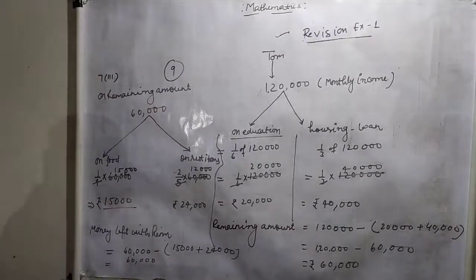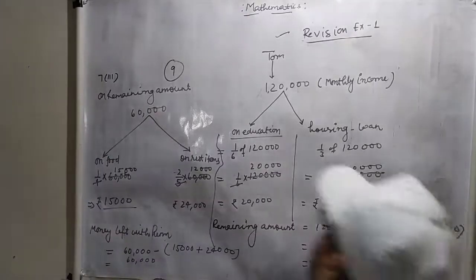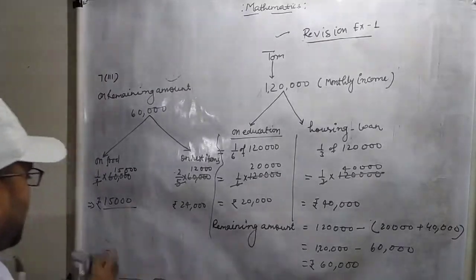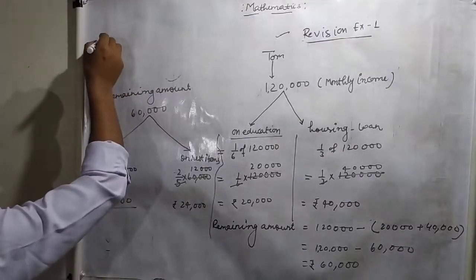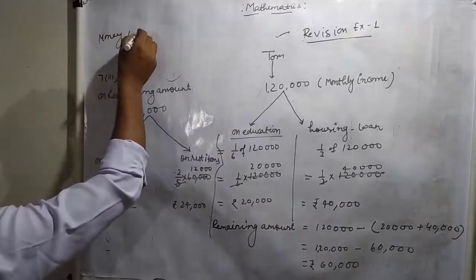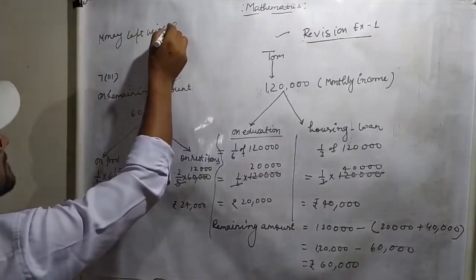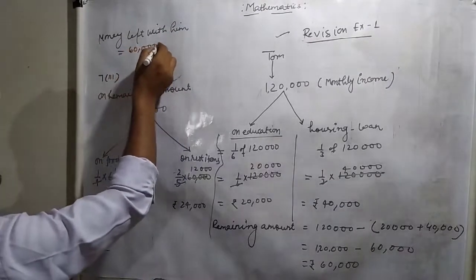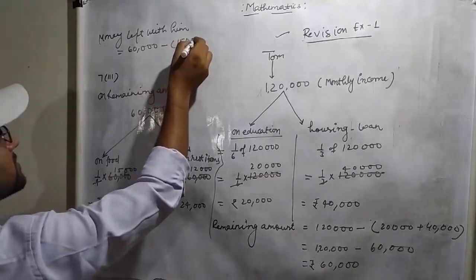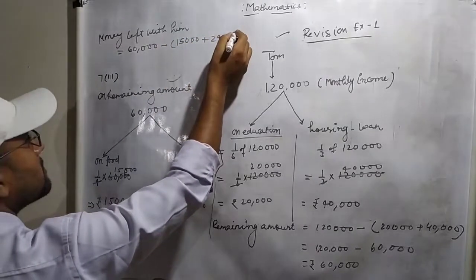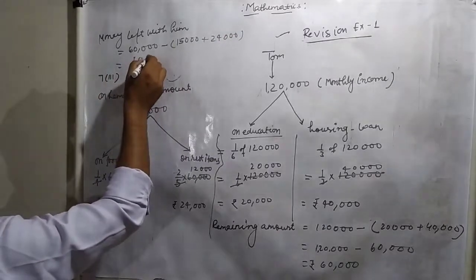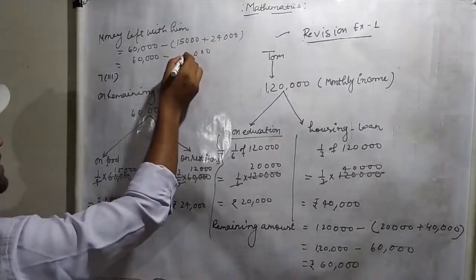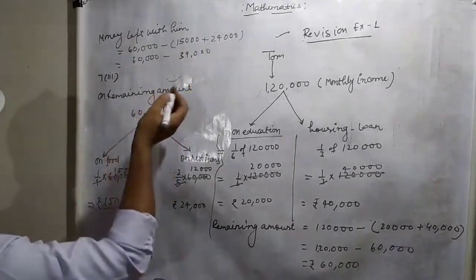Here students, see this one. I'm going to write it upside here. Money left with him is equal to 60,000 minus, in bracket, 15,000 plus 24,000. 60,000 minus 39,000.